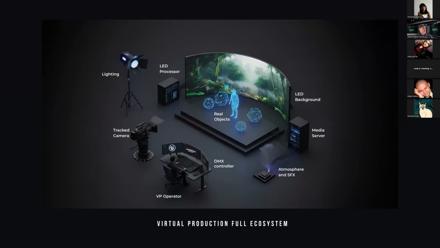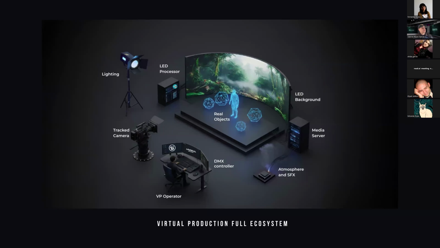You have the real objects, and we will discuss a lot about that. The practical set dressing, the practical set design, the art department. The practical art department is very important, and we will discuss why. We have also the LED processor.